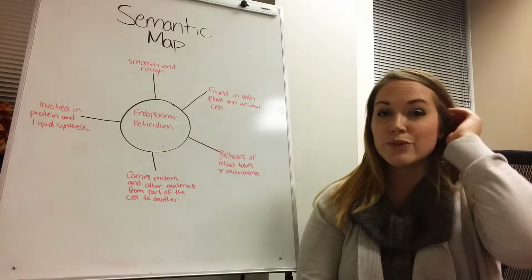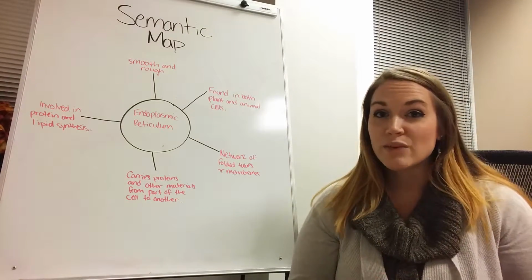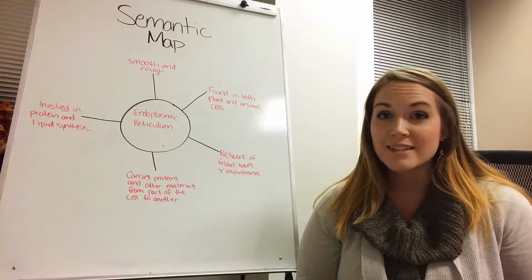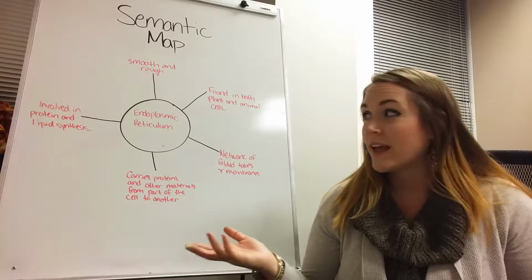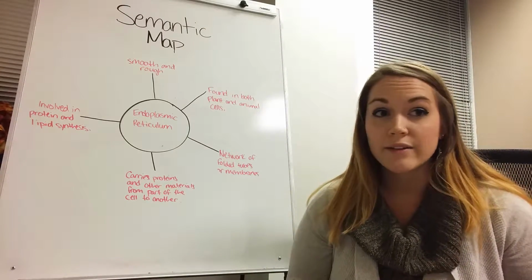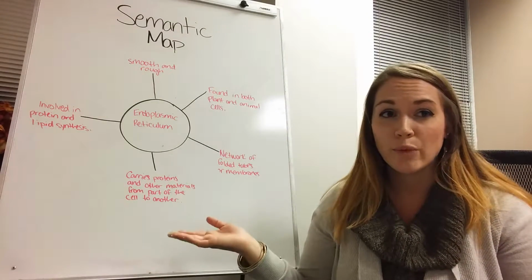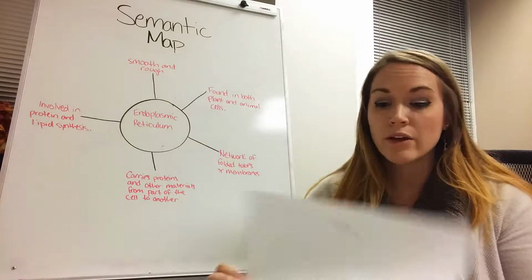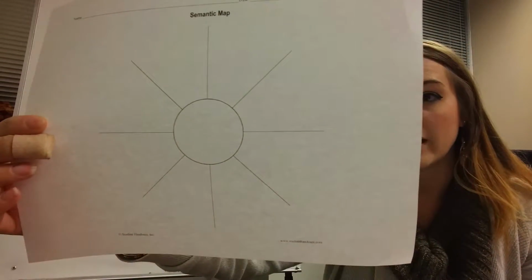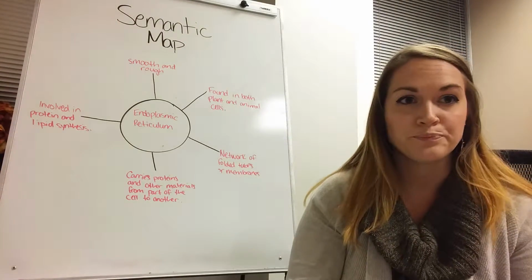The materials that you will use in this class are a previously read chapter relating to the topic or material to be covered in class. In this case, we're using a life science topic, which is cells and organelles. You'll need a whiteboard and a blank graphic organizer semantic map. You can find these online or you can make your own.